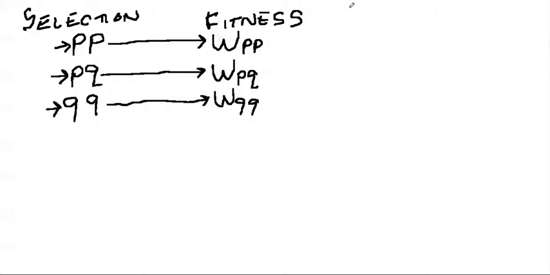Now we can look at the relative fitnesses of these individuals by comparing their fitness values. If we start out and we look at selection for the dominant allele, we're going to say that P is our dominant allele in this situation.